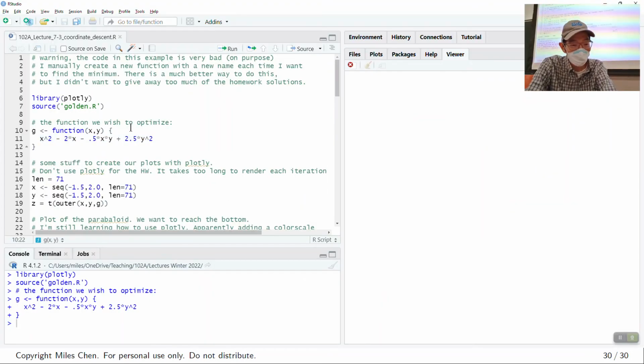Okay, but let's come back over here. This is my function. I've shared this code on Canvas. It is intentionally very poorly written, okay? And that's partly because I have you write a coordinate descent thing in your homework, and you'll have to think a little bit better about your solution than what I've done here.